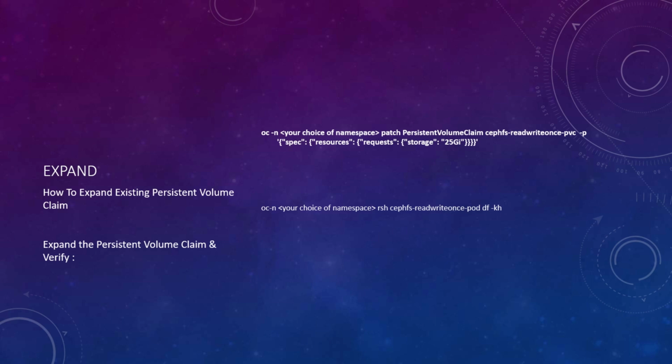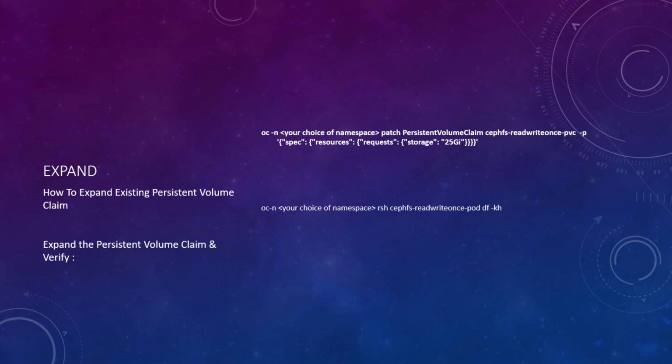And then when this is successfully done, you can always remote shell into the pod, and using the df command, you can verify whether the size has gone up or modified. So from this point onwards, you will have additional space in the persistent volume claim attached to the pod, so you can write a lot more data into it. So this is how you expand a persistent volume claim.